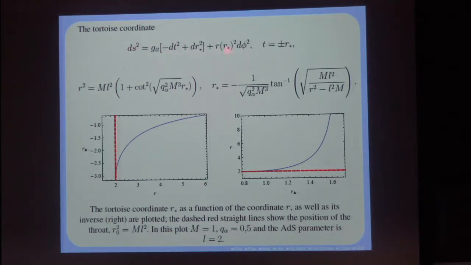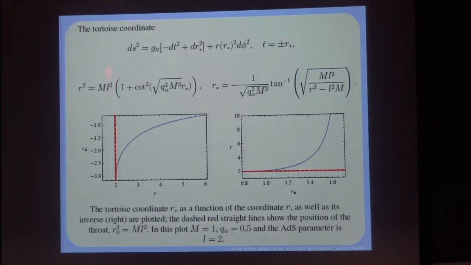And the other interesting feature of these tortoise coordinates, which are not exclusive of this system, is that you put the metric in this way and define the corresponding tortoise coordinate for your metric. The other characteristic is that in this coordinate, the singularity of the coordinates at the horizon, or in this case, at the throat of the wormhole, goes to infinity, and it can be seen in this plot.